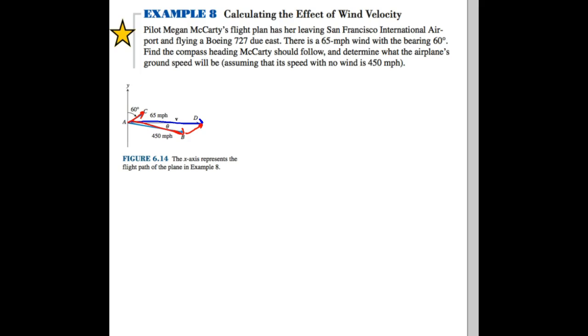Okay? So this is a case of adding two vectors. You're adding the plane, where she's actually flying, with the wind to get vector AD. Okay? So vector AD is really vector AC plus vector AB.